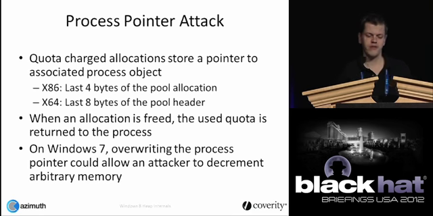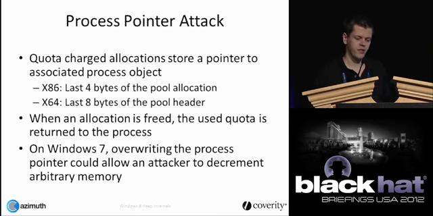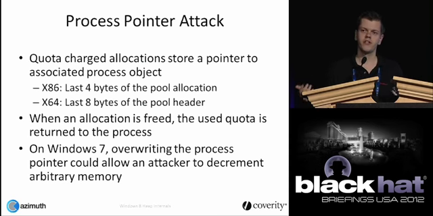So in Windows 7, the research I did previously was a number of attacks in regards to how you could leverage kernel pool corruptions in exploiting vulnerabilities. And when you quota charge allocations, you typically store a pointer to the associated process object in that allocation.